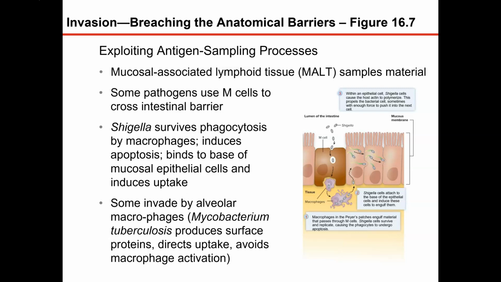So pathogens use the MALT to actually pull them in. An example for this is Shigella, which survives phagocytosis by macrophages because it causes the macrophages themselves to undergo apoptosis. It binds to the mucosal epithelial cells and induces the uptake from the cell. And this is how it gets into the system.